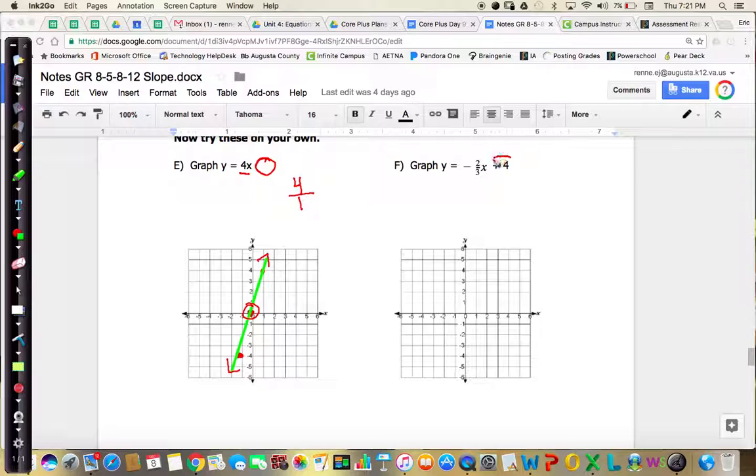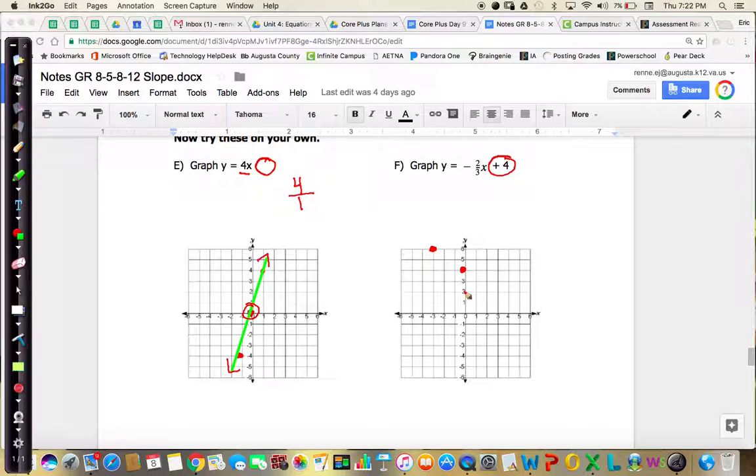So, example F, circle the +4, which is the y-intercept. Make a dot at the y-intercept of 4. I have a negative 2/3 slope, so I have to make sure either my rise or my run is negative, but not both at the same time. So I'm going to go up +2, left -3.